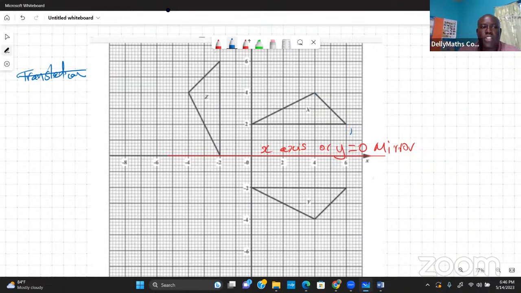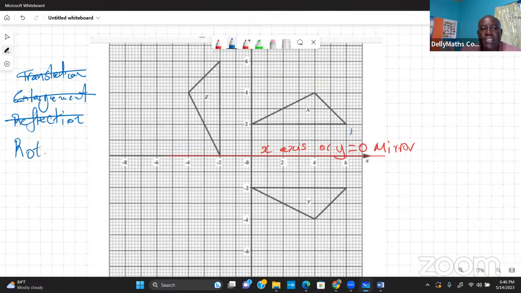All right? Now, it's not an enlargement. How do you know? The size did not change. Now, we just saw a reflection, and you would have been convinced that that is not how the reflection looked. Now, whether or not you agree, it is a rotation.